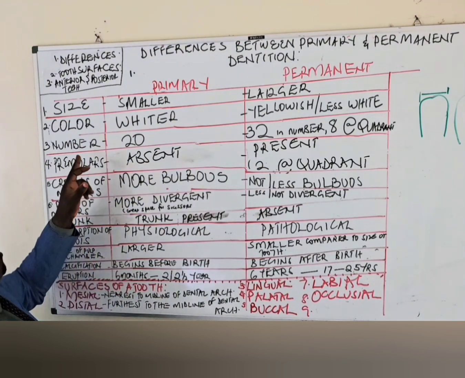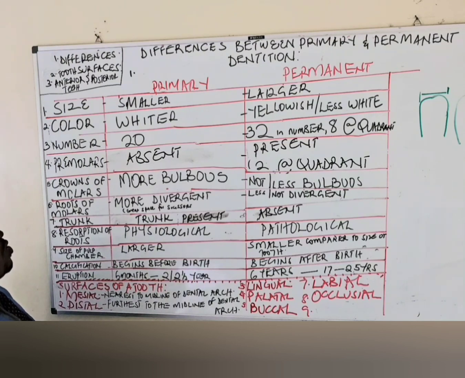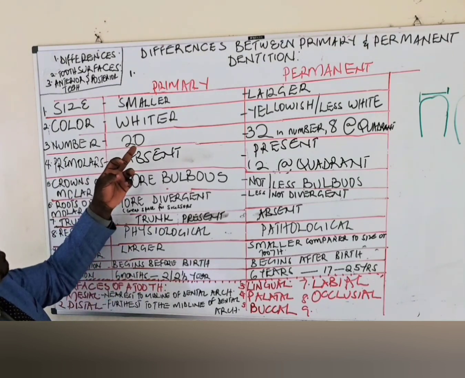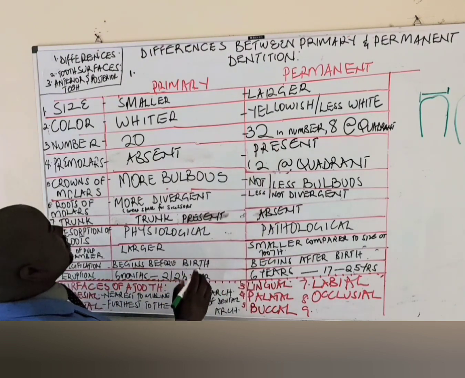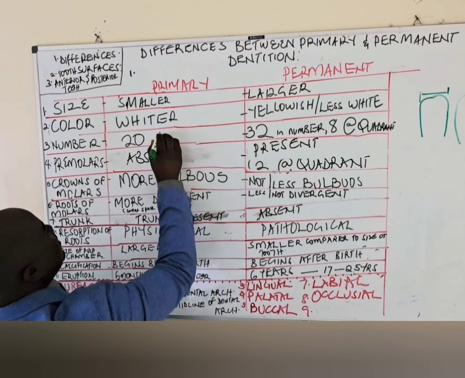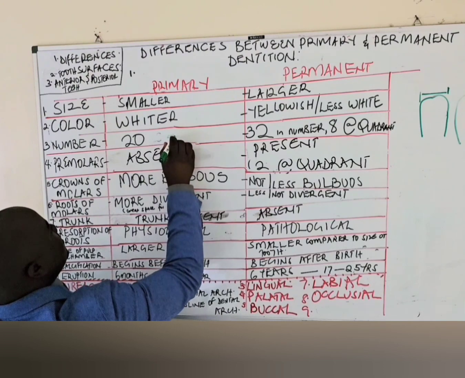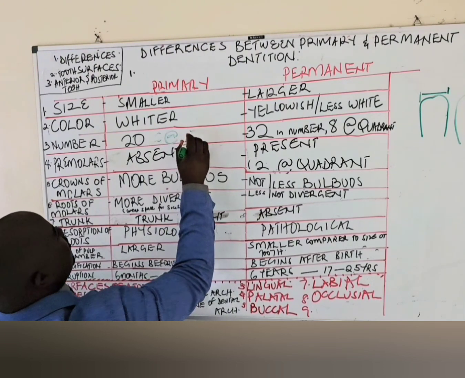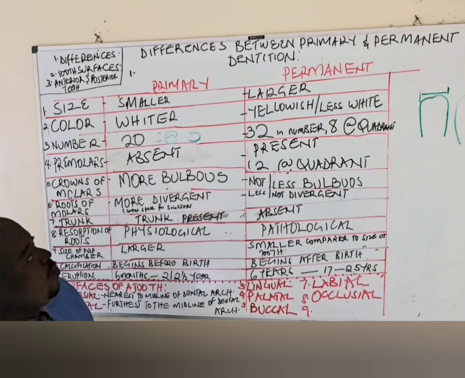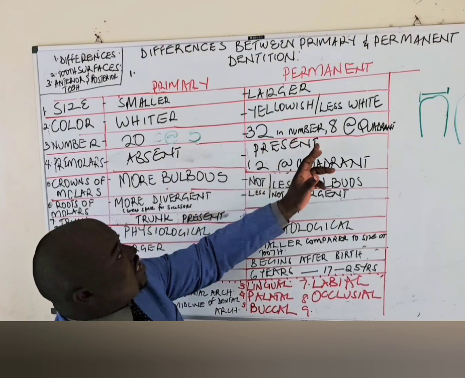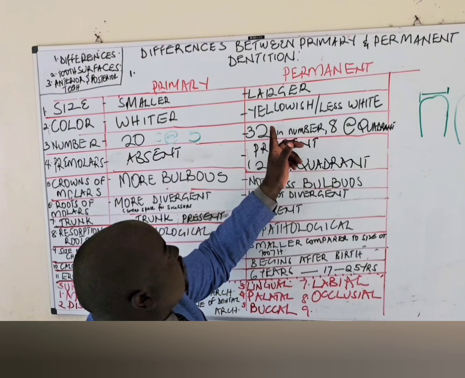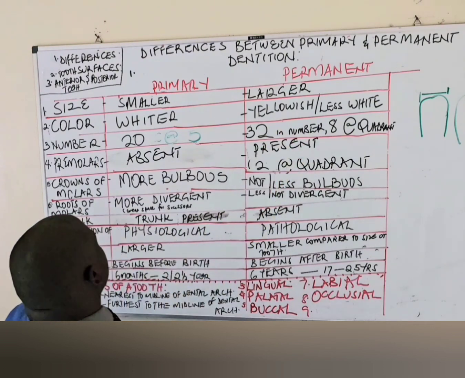We already talked about the difference in terms of number. We said we have 20 teeth in the primary teeth and 32 in the permanent teeth. It means that in each quadrant we have 5, whereas in permanent teeth we have 8 in each quadrant, making the total 32 teeth.